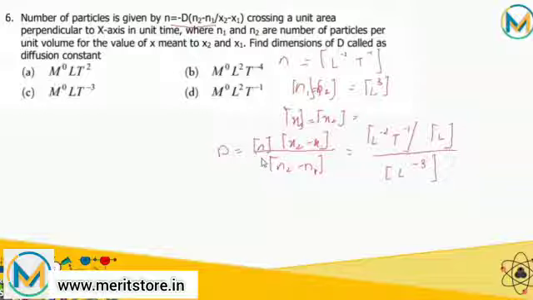When we solve this out, it comes out to be L2 T raised to minus 1, and thus the correct dimension of D is M0 L2 T raised to minus 1.